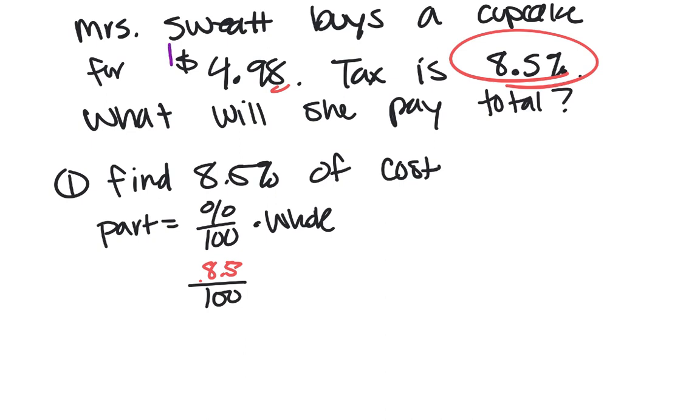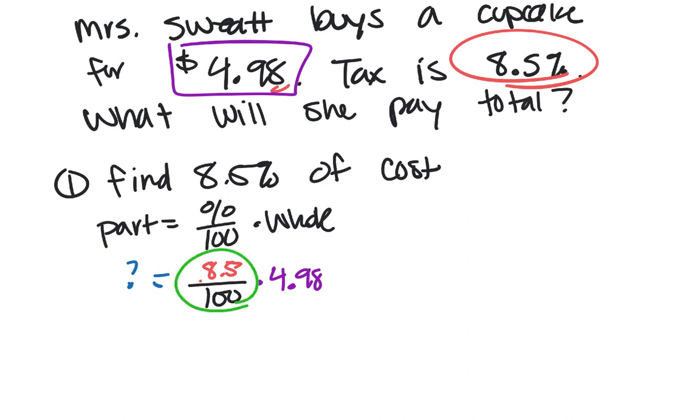And it's out of $4.98. And we are looking for the part. So when I have one like this, I change my percent to a decimal first, which is 0.085. I'm going to leave everything else the same.